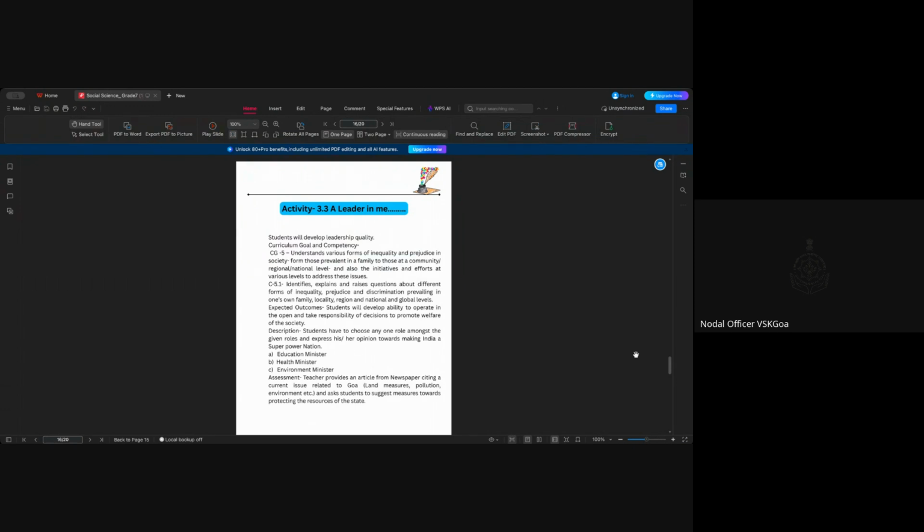The child will be the environment minister and say what he will do for the betterment of society and the welfare of the people. So let the child have the freedom to express his or her own views in Leaders in Me. Here the main focus is developing leadership qualities among the students.